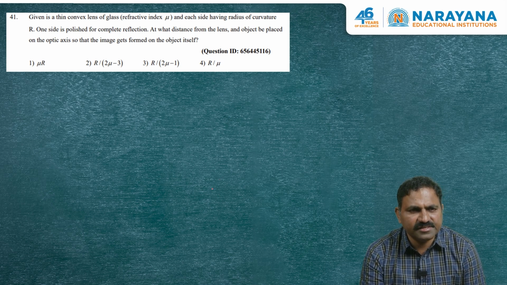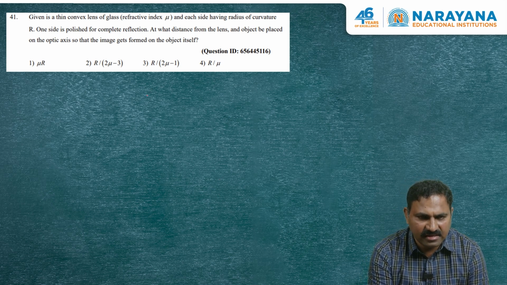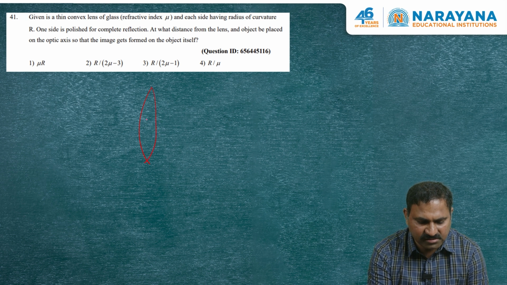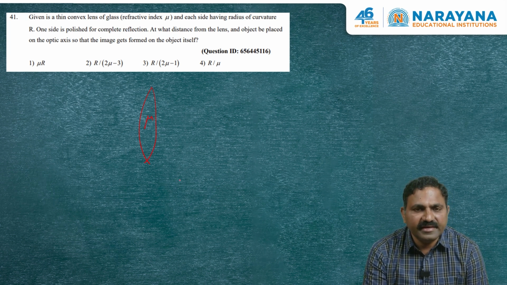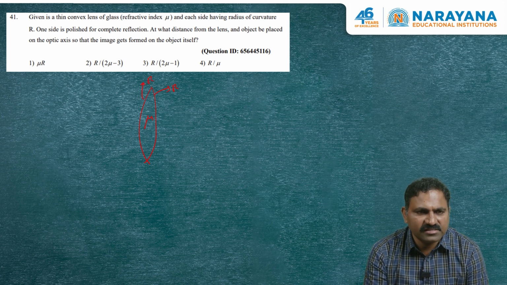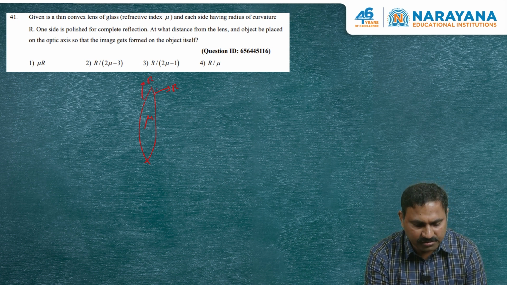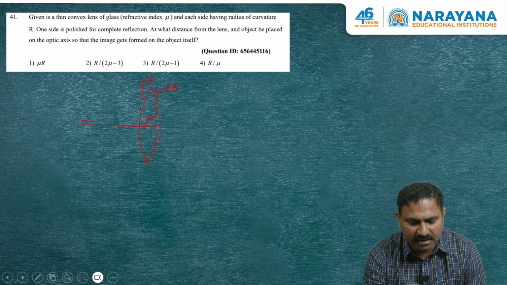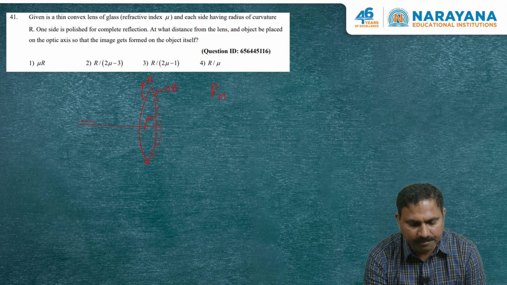So it is mentioned that the thin convex glass lens of refractive index mu has each side with radius of curvature r. This is also r, it is also r. One side is polished for complete reflection. So let us assume it is silvered. If it is silvered, finally it behaves as a mirror of power Pm.